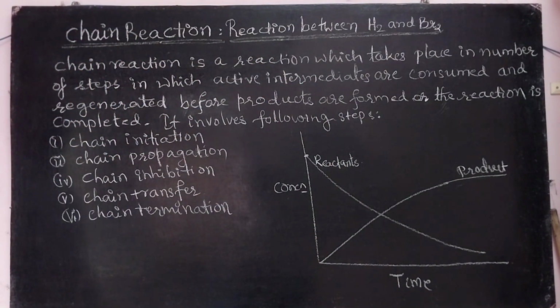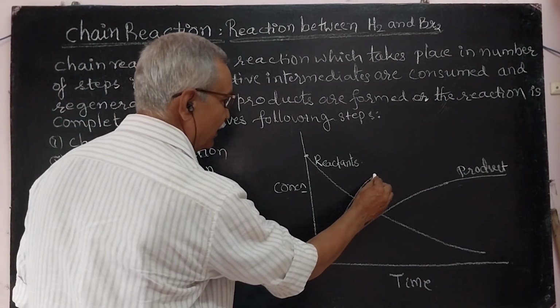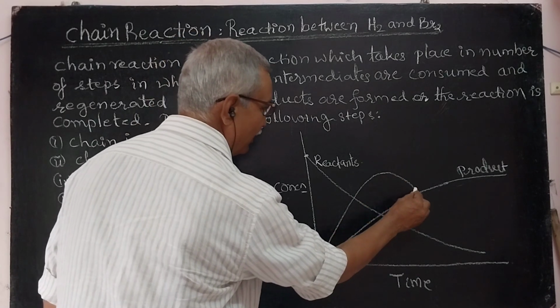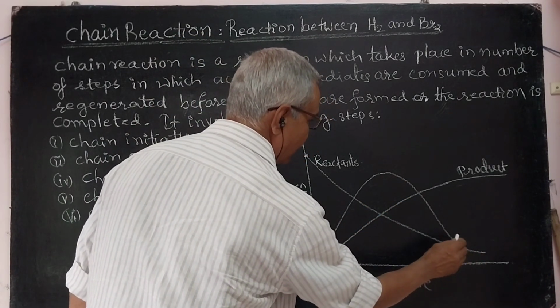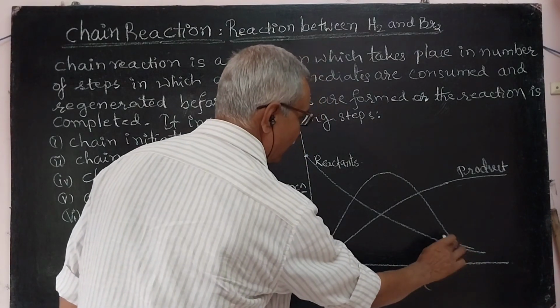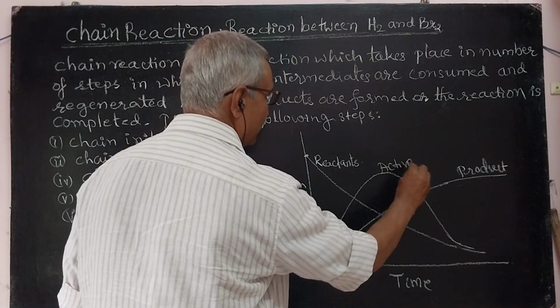Whereas the intermediate is formed initially, then the concentration of the intermediate goes on increasing, reaches a maximum, and again goes on decreasing. This is one active intermediate.